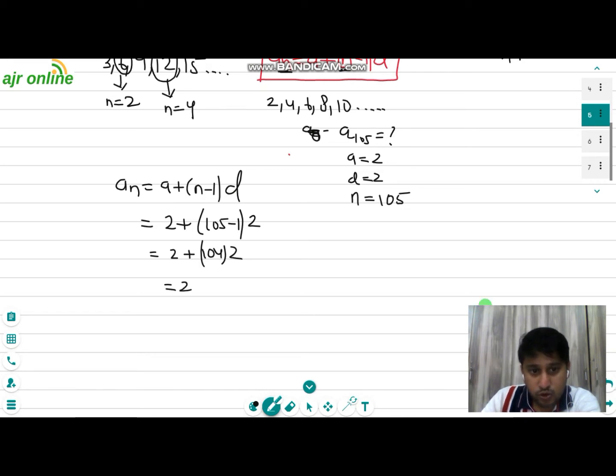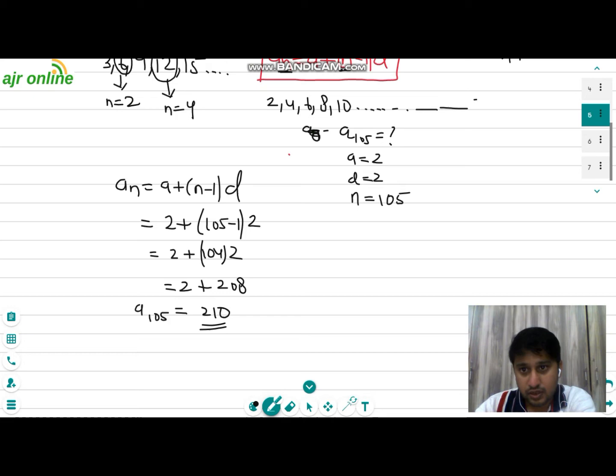It will come out to be 2 plus 208, which is 210. So a105, the number at the 105th place, will be 210. Okay, so this is how you have to do it.